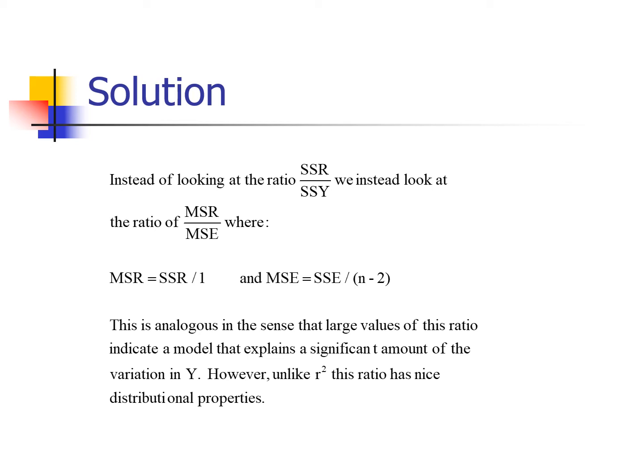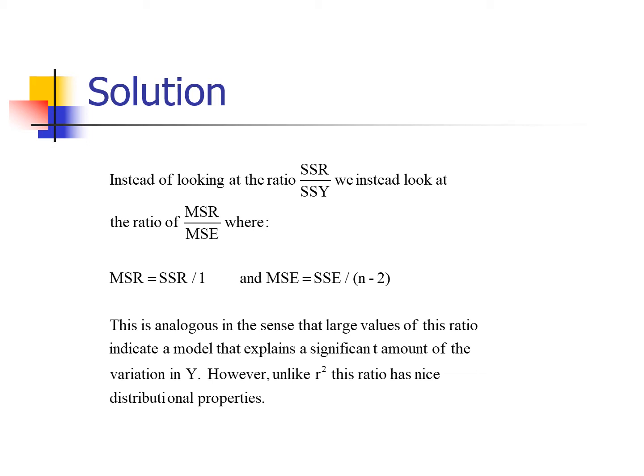That's right. It's the R squared, right? So instead of looking at the R squared, the intuitive metric, we look at something a little bit less intuitive. It feels like unnecessarily complex, but I promise you, there is necessity to the complexity. Instead, we look at the ratio of MSR to MSE.